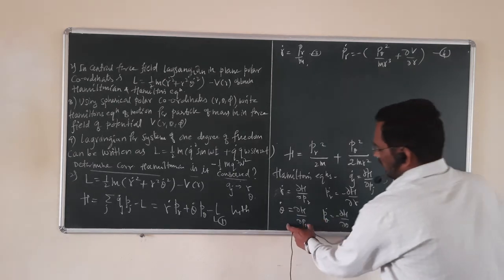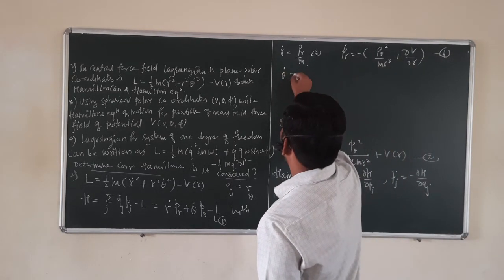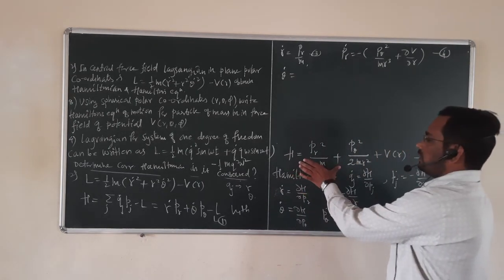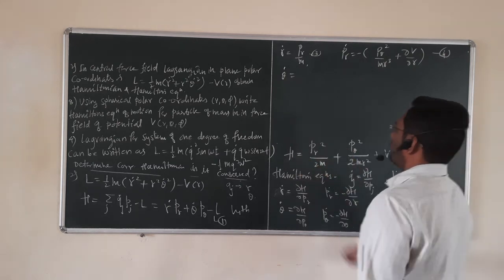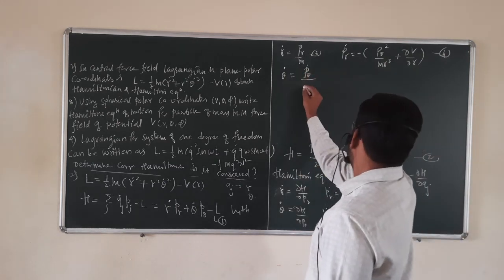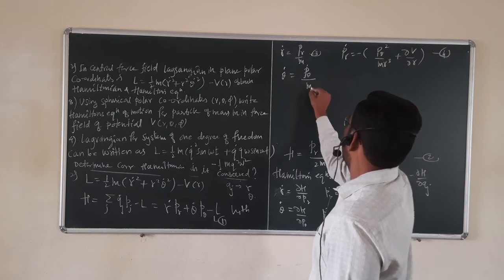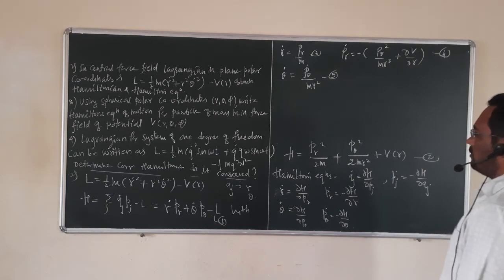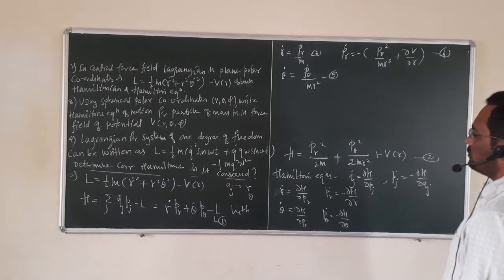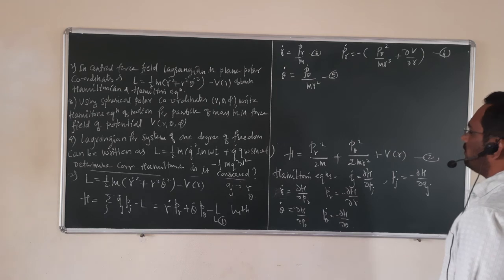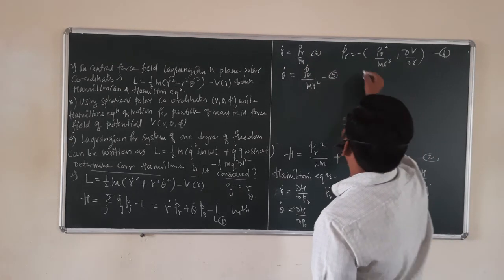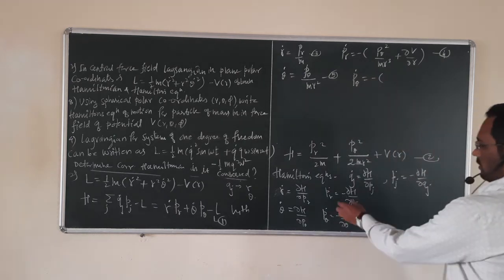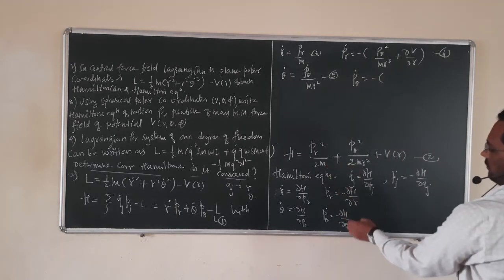Now the equation for theta. Here theta dot is the partial derivative of H with respect to p theta. If you take the derivative of the Hamiltonian with respect to p theta, that becomes p theta divided by m r square. So equation number 5. And p theta dot is minus the derivative of the Hamiltonian with respect to theta.